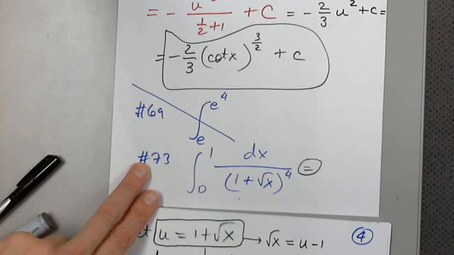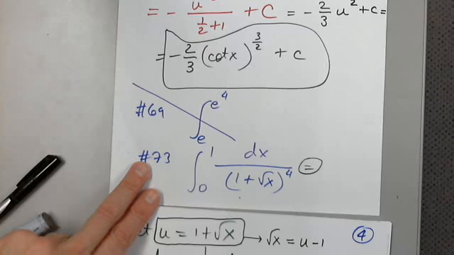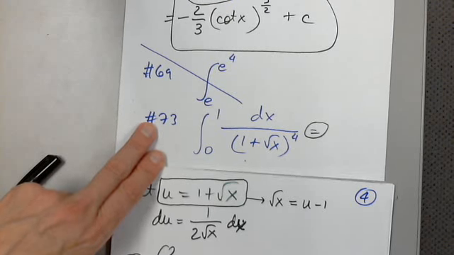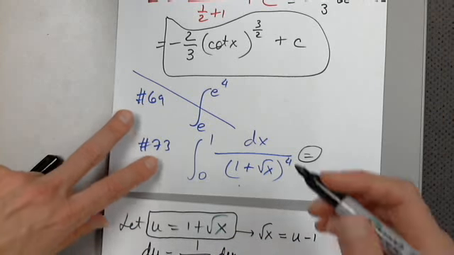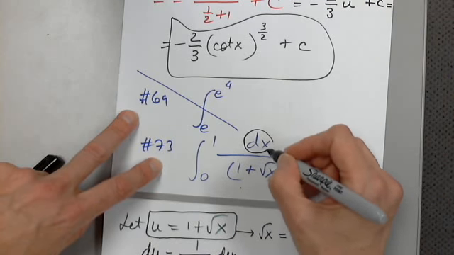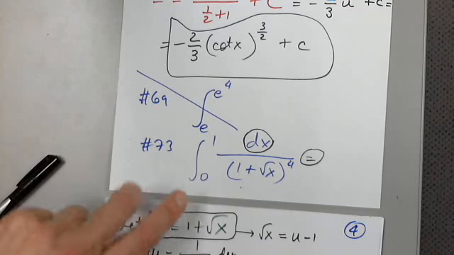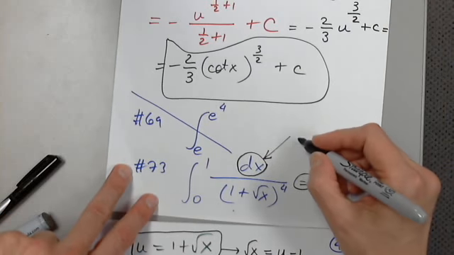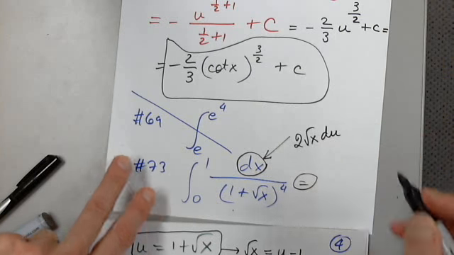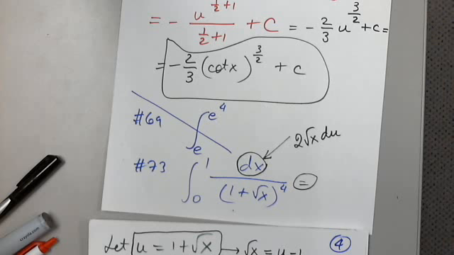So now the denominator is easy, right? It's 1 over u to the 4th. You do agree with that, correct? So 1 over this is 1 over u to the 4th. But now somehow I have to get rid of this. And I can, multiplying both sides by 2 square root of x. So 2 square root of x du equals dx. So I will be replacing this by 2 square root of x du. But I can't have u and x in the same integral.